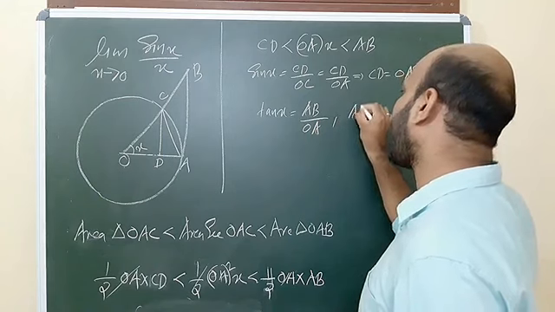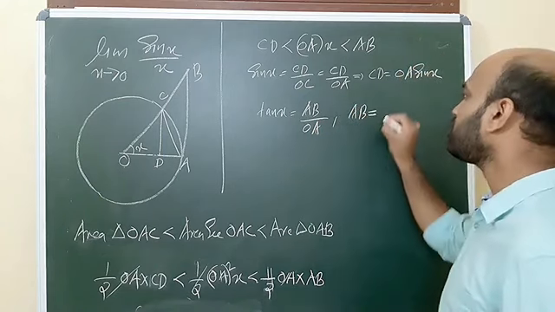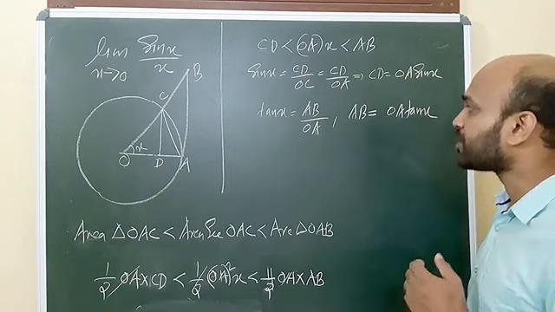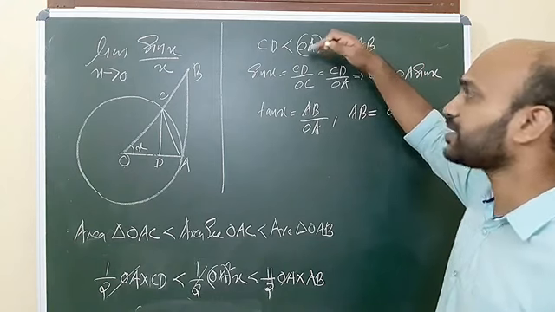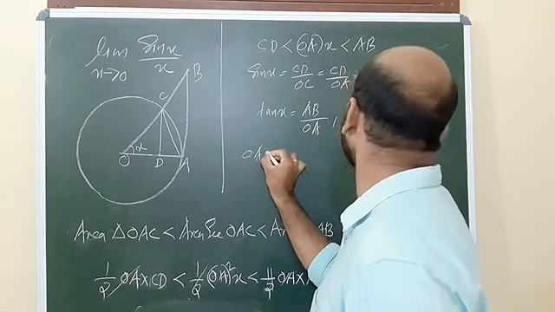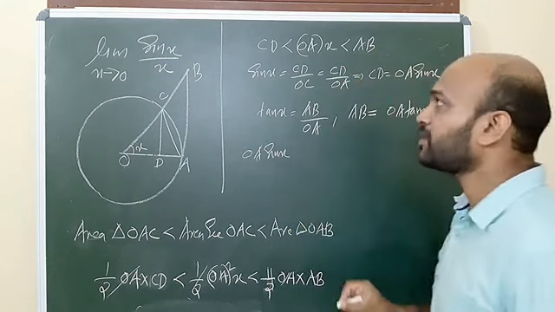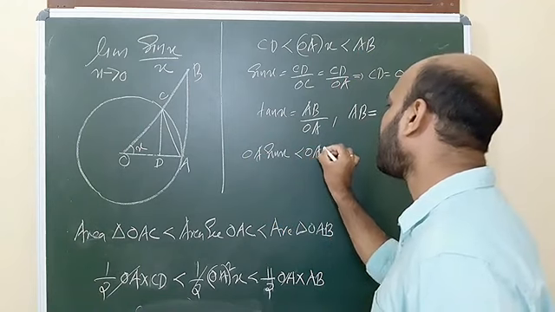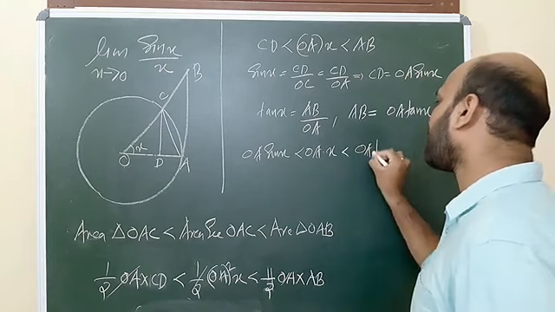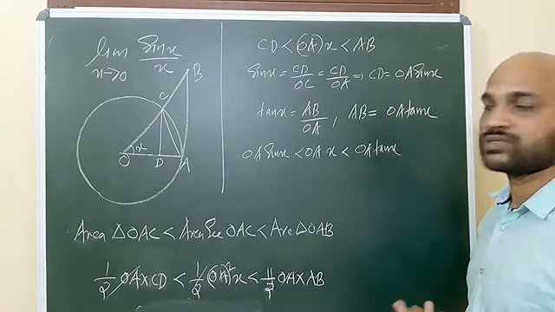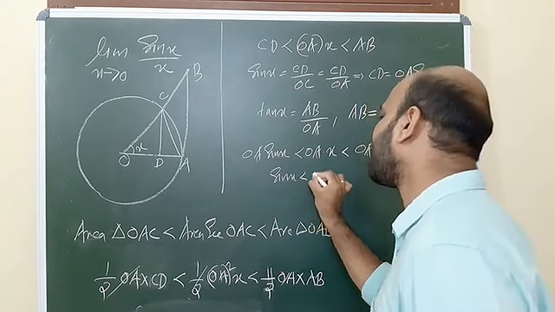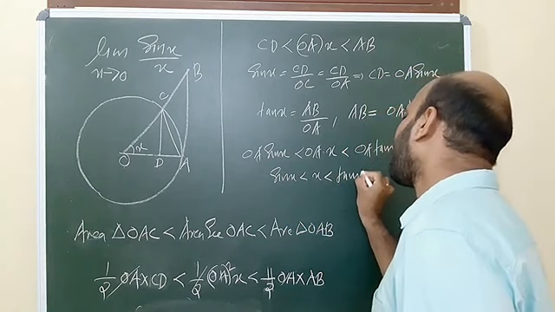So we get AB equal to OA into tan x. Now we can substitute the values of CD and AB in this inequality. So we get OA sin x less than OA x less than OA tan x. We can cancel OA, so the remaining terms are sin x less than x less than tan x.